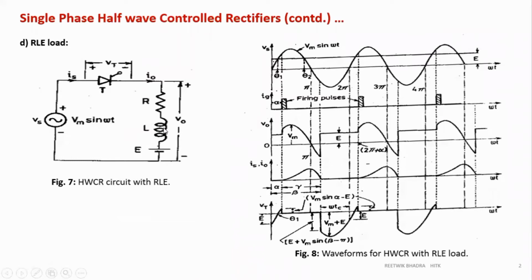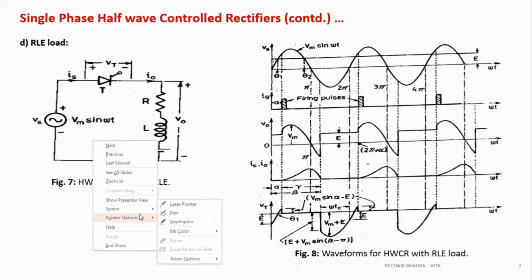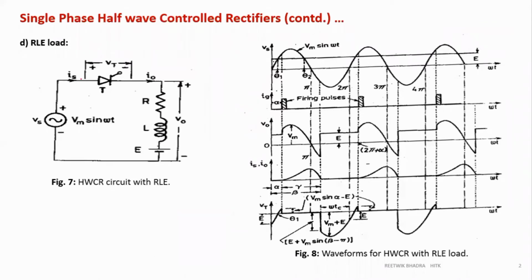Now what is happening over here? We have two voltage sources: one is Vs, your supply voltage, and another one is this EMF E, which is the battery voltage. Now you know, as we discussed last day, how a thyristor conducts. The anode should be positive with respect to the cathode.